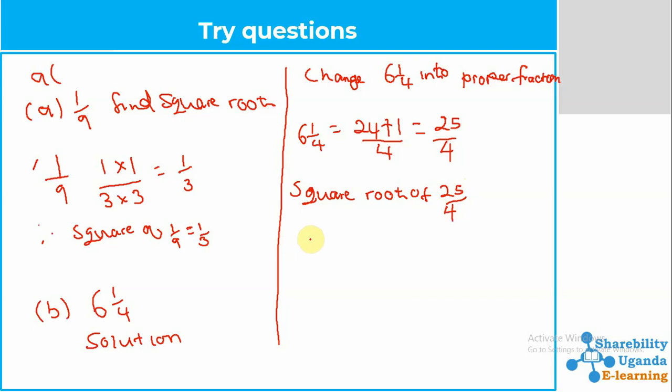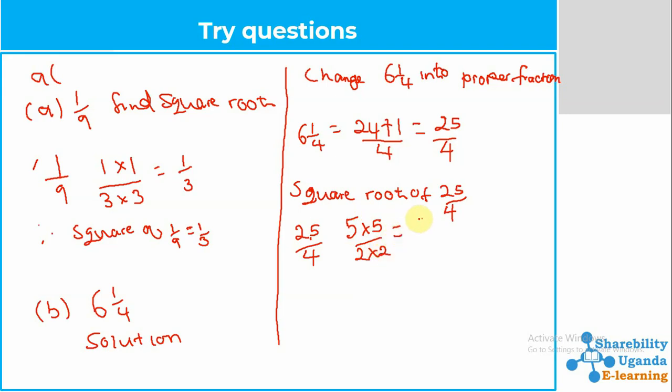If you are to get the square root of this number, we look out for which numbers can be multiplied by itself to get 25. We have 5 times 5 out of 2 times 2.